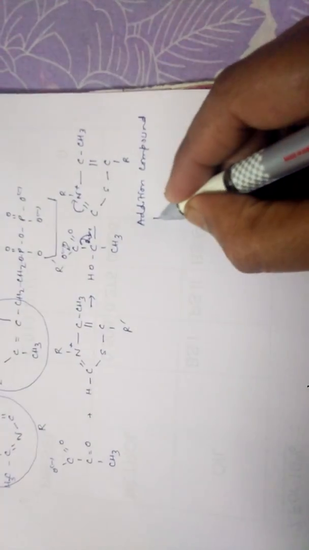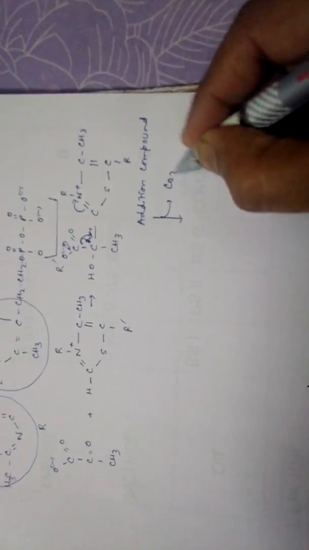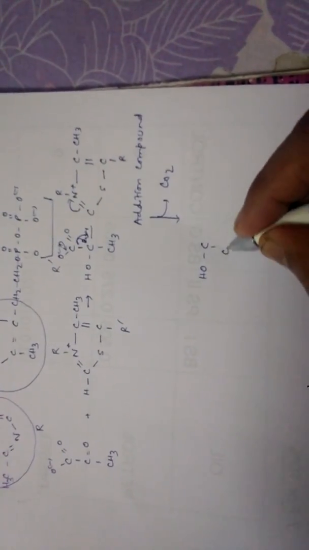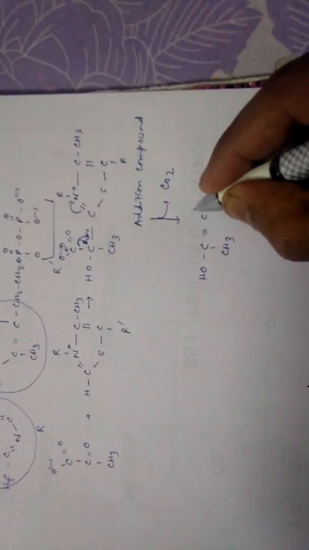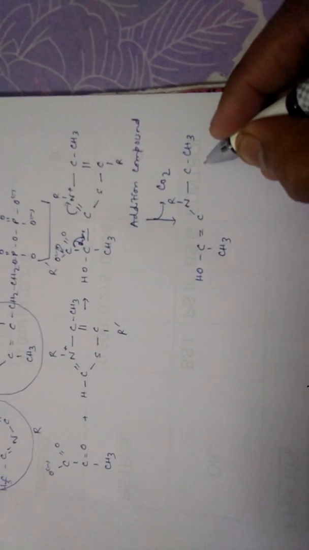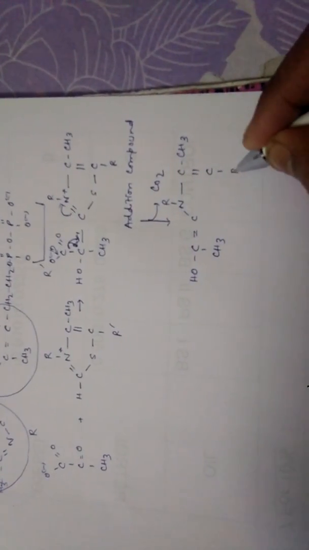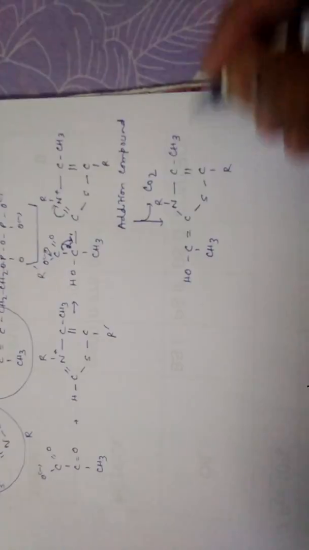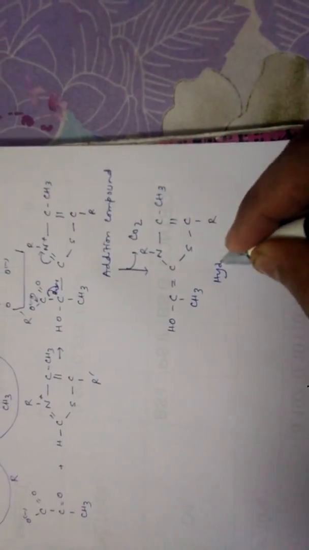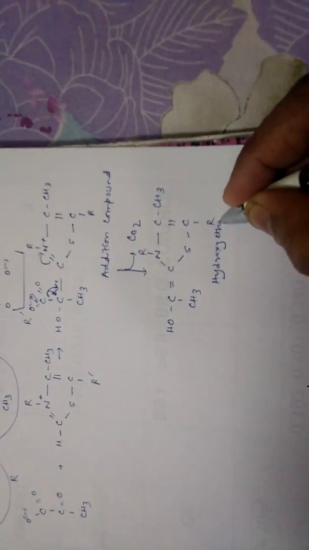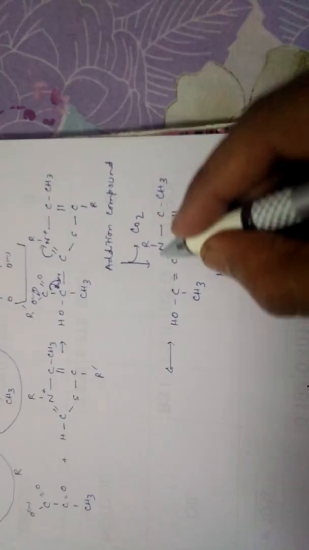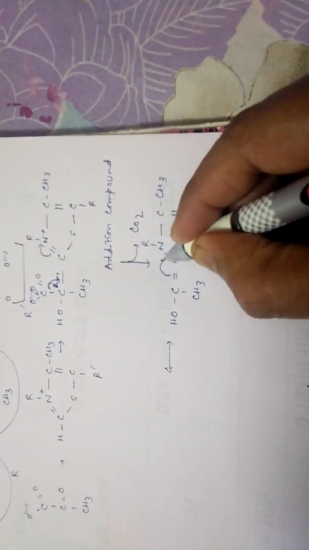Carbon dioxide will be eliminated, and the product is COH, CH3, double bond C, single bond nitrogen, then all others as they were originally present. Okay, so this is known as hydroxyethyl TPP.